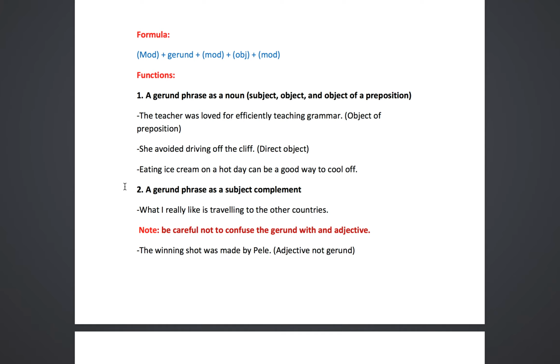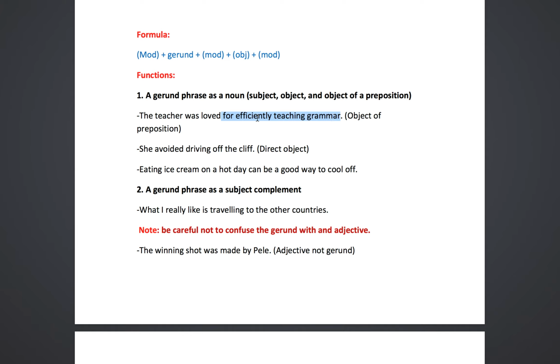We are going to talk about the functions that are exactly the same as the gerund that we had before. The first one: a gerund phrase is a noun, a subject, an object, or complementing the object of a preposition. The first example: the teacher was loved for efficiently teaching grammar. You can only say the teacher was loved for teaching, but to make it more clear and give it more details, you can add other things to make a gerund phrase here.